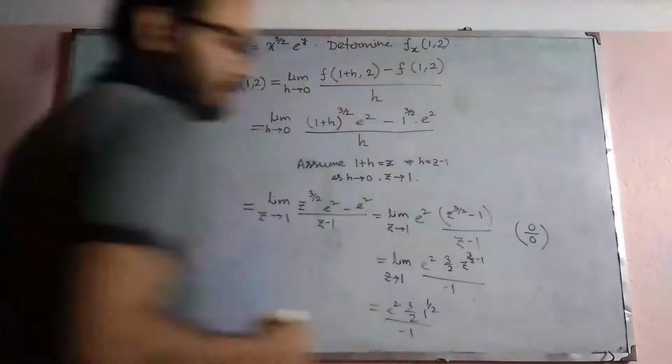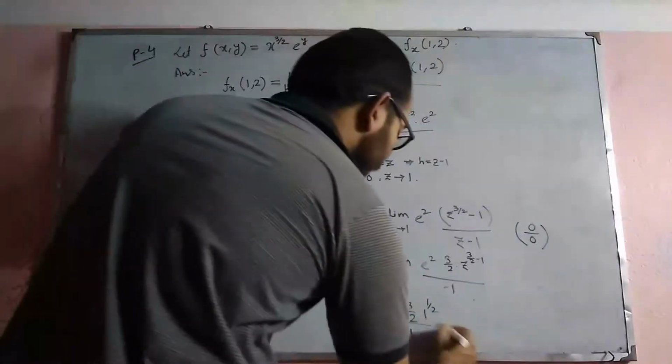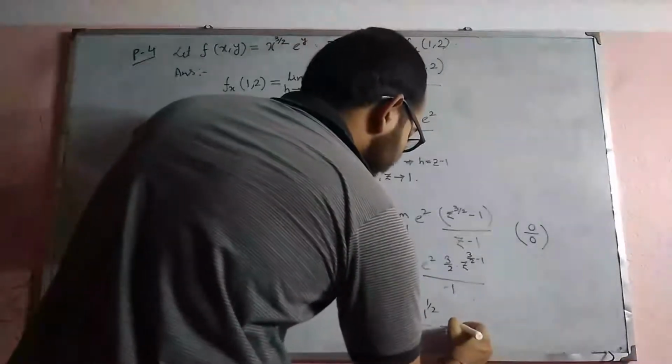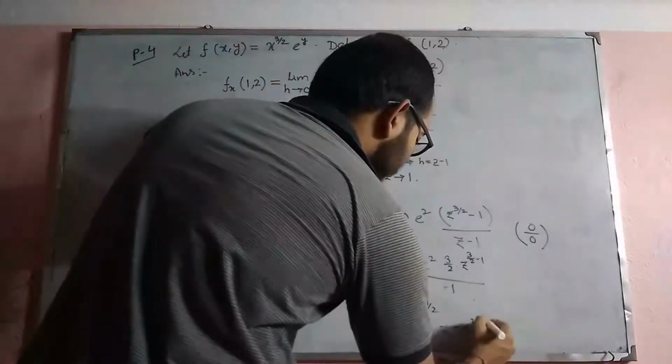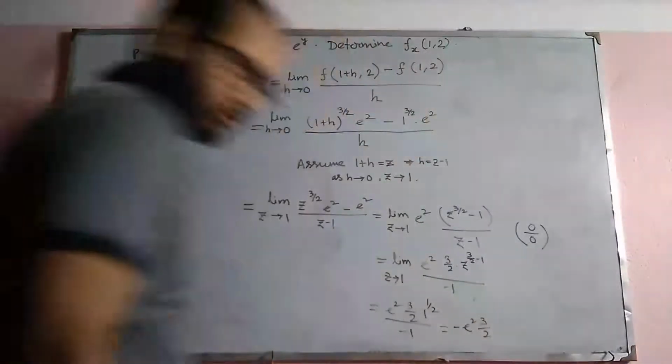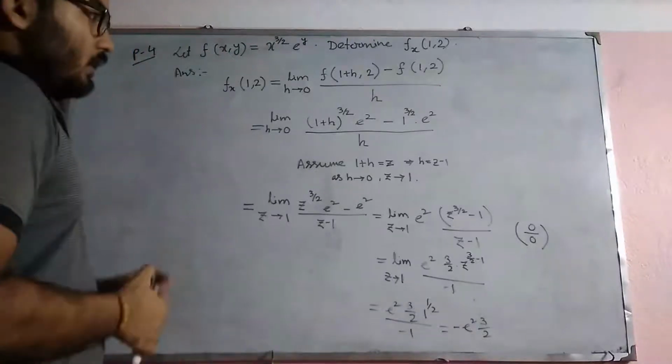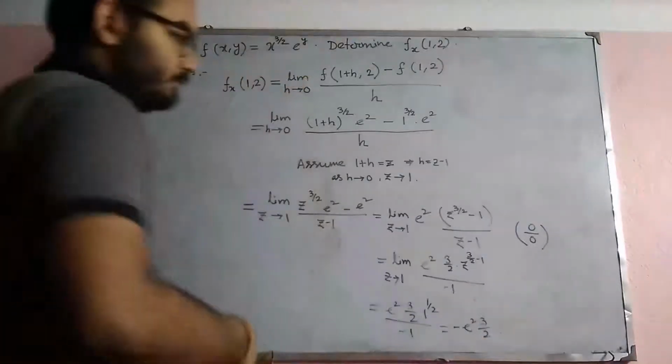So it is 3 by 2 e square. Okay, so this is the answer.